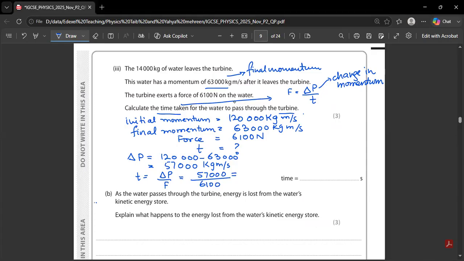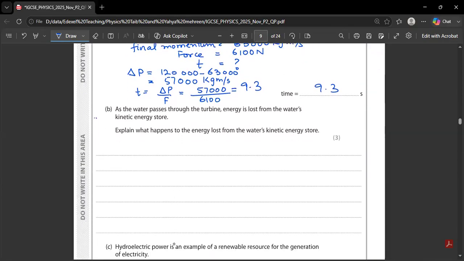It's going to be 9.3, right? So it's going to be 9.3 seconds. Clear?